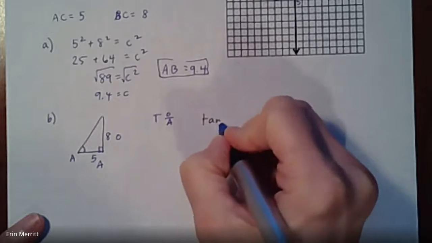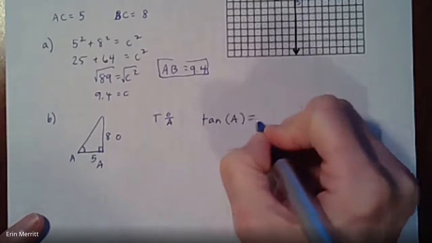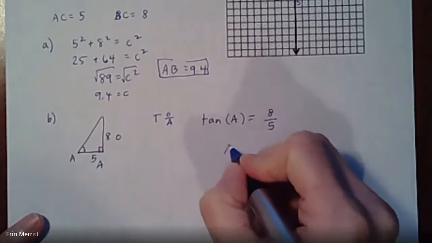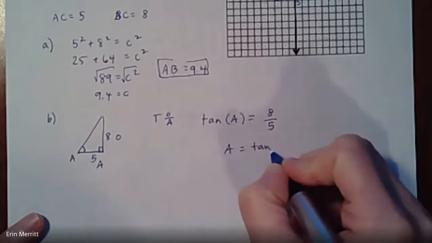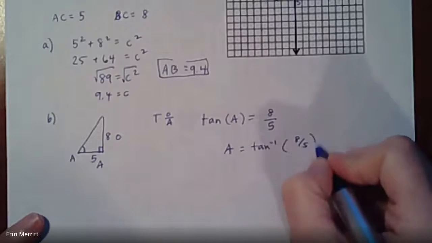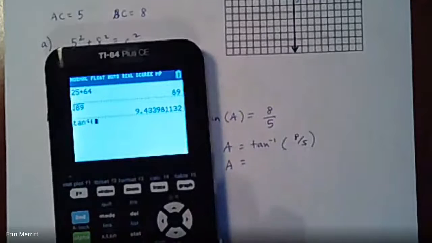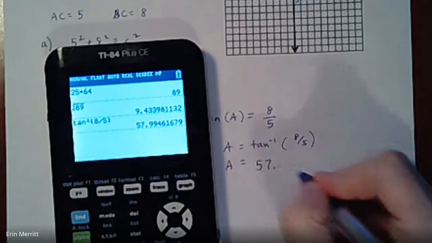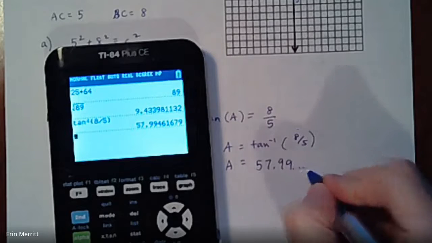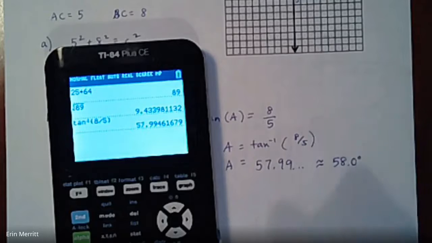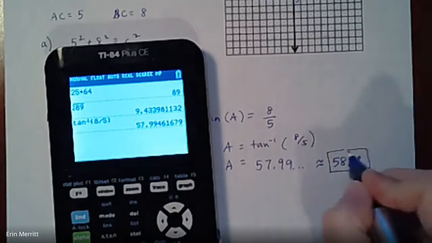So tangent of angle A is equal to 8 over 5, and since I'm looking for the angle, let's use that inverse tangent. And so grab your calculator, second tan, 8 over 5, we come out with 57.99 and change. So to the nearest tenth, this would actually be 58.0 degrees. All right, there's that angle A.